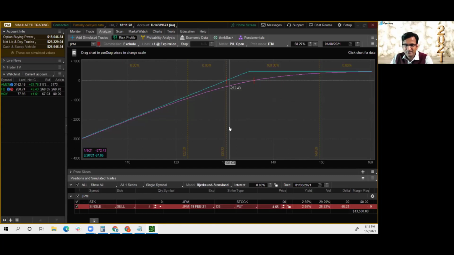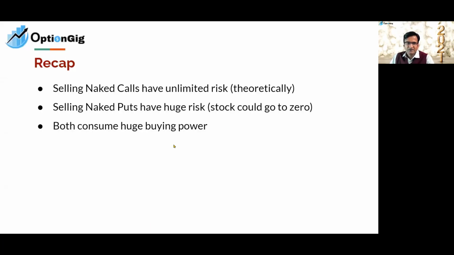If you recall the trade entry criteria that we discussed yesterday, this is too big for your portfolio size. So now I'm saying you can't participate in JP Morgan's stock. If it goes higher, you're kind of locked out of it. This is too big for your position size, because it does consume huge buying power.